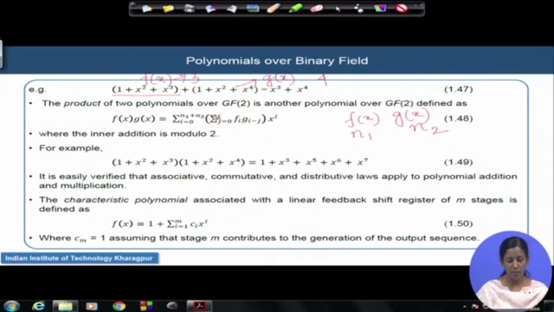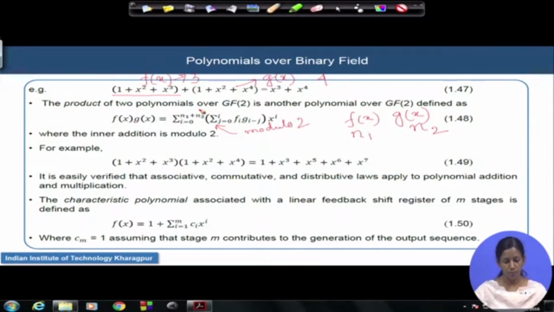Here this inner summation is basically a modulo 2 operation going on. Remember, unlike the addition of two polynomials, here the outer summation over i will go with the sum of both the degrees, n1 plus n2.